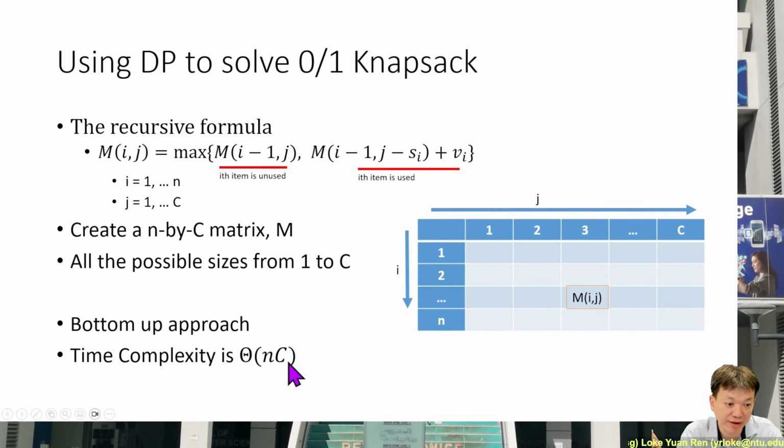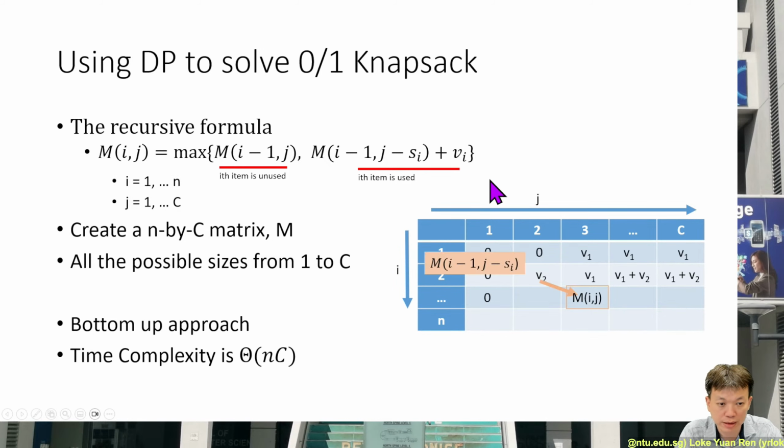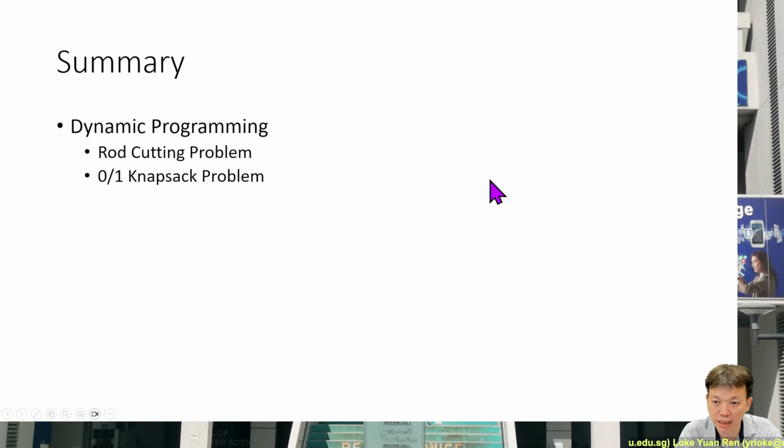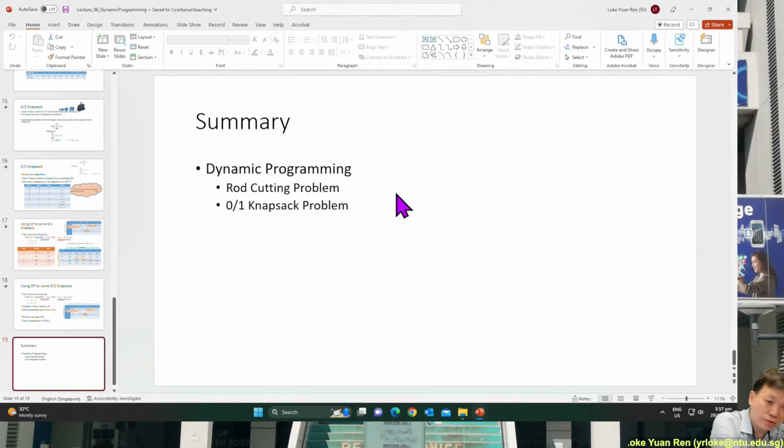If c is a very large number, the time complexity of this problem is still not cheap. So this is one of the very well-known computer science problems, the 0-1 knapsack problem. Okay, so this is what I introduced on Monday. So today I am going to move on to today's topic.